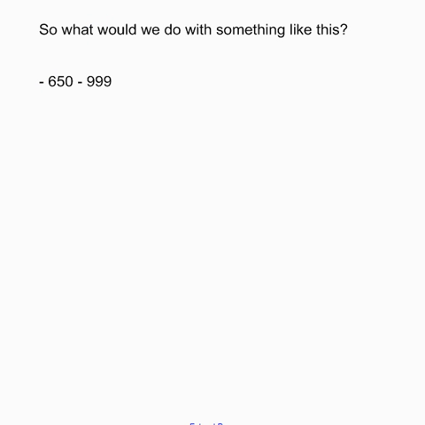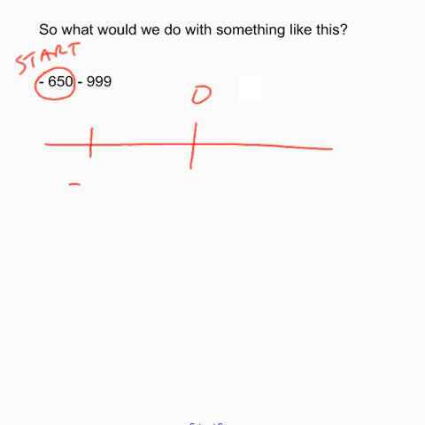With big numbers, we don't want to draw a huge number line and number it all the way to -650, but you can still think of the number line. Think of 0 here. I'm still going to start here. So I know I'm going to start at -650, and this tells me I'm going to go in the negative direction, 999 times in that direction.